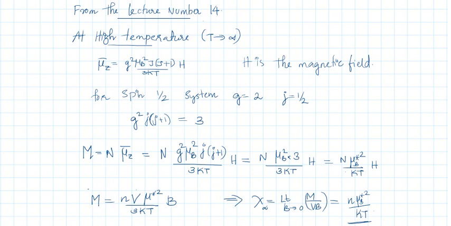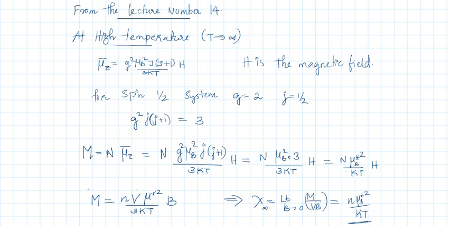And the net magnetic moment M is equal to N, if there are N particles, N into μ_z average, that is N g²μ_B² j(j+1)/3kT H, and that becomes Nμ_B² divided by kT into H.